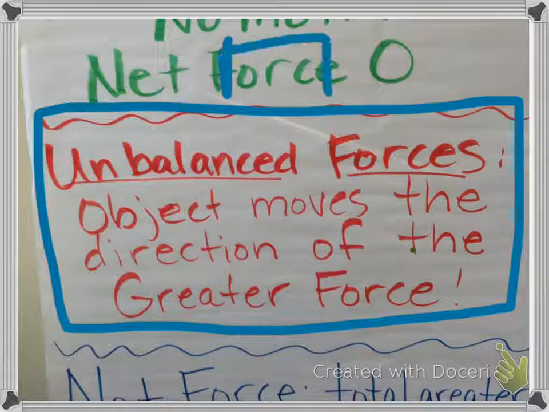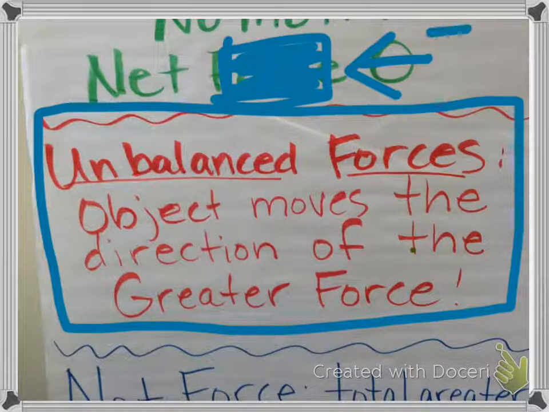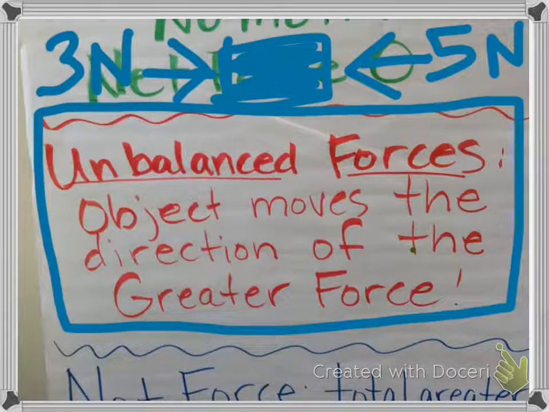So I'm going to draw my box back up here. And let's say we have a force pushing it to the left that is 5 newtons. And let's say we have a force pushing it to the right that is 3 newtons.